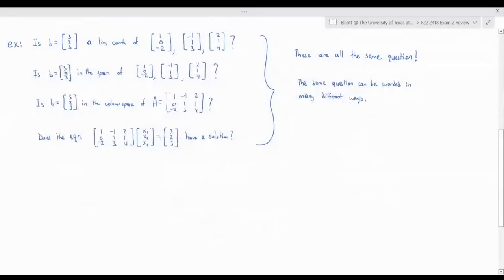So here, if we look at this example real quick, I had four different questions written out. The first question was, is that vector B, 3, 2, 3, a linear combination of these three?